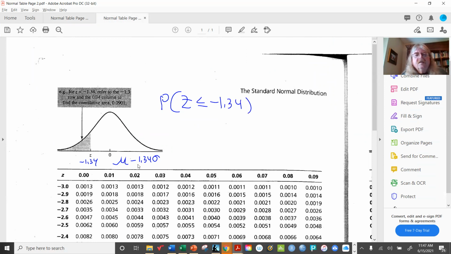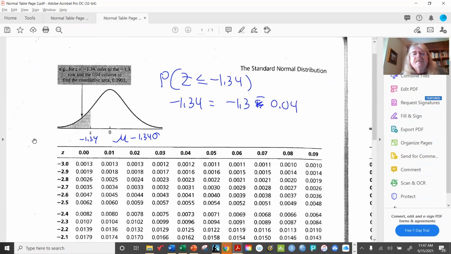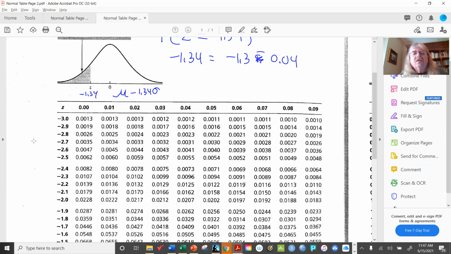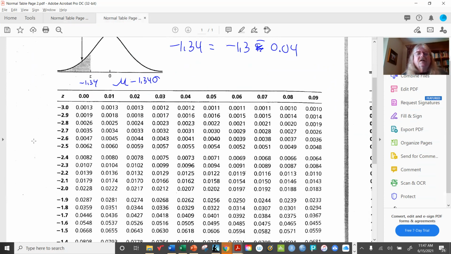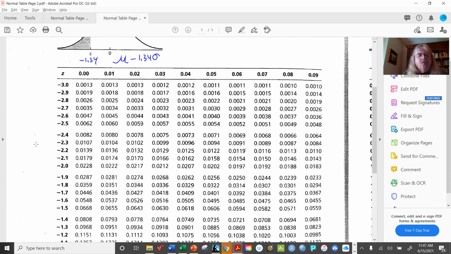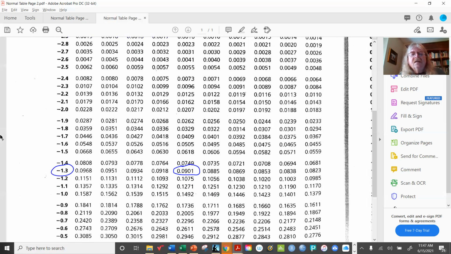Negative 1.34 is the same thing as negative 1.3 minus 0.04, but the process is the same. We start by looking for negative 1.3 in this first column. It's way down here. And then the 0.04 is up here. And where they overlap, 0.0901.